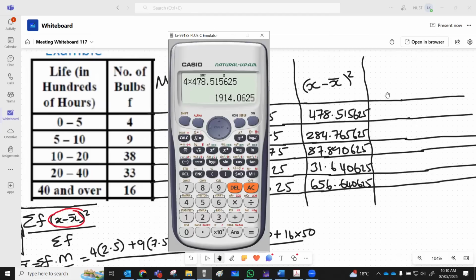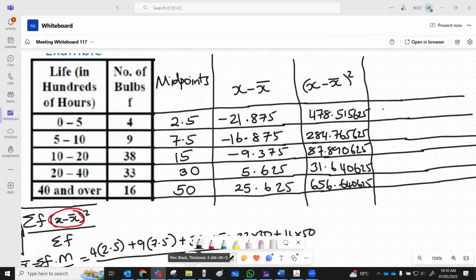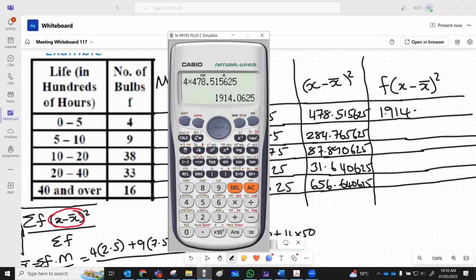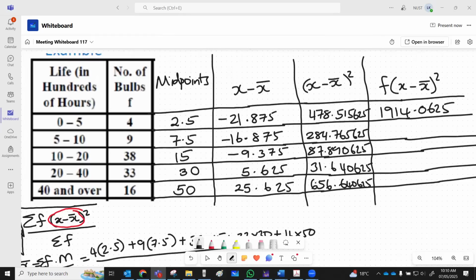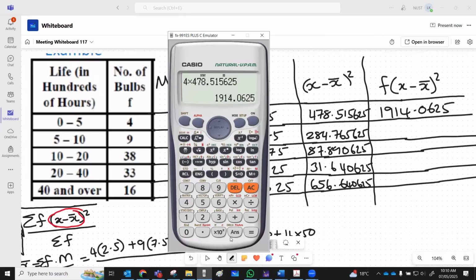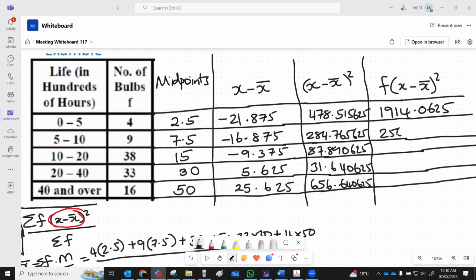This gives us 1914.0625. So this is f multiplied by x minus x bar squared. Then the next one, I have 9 multiplied by 284.765625. This is 2562.